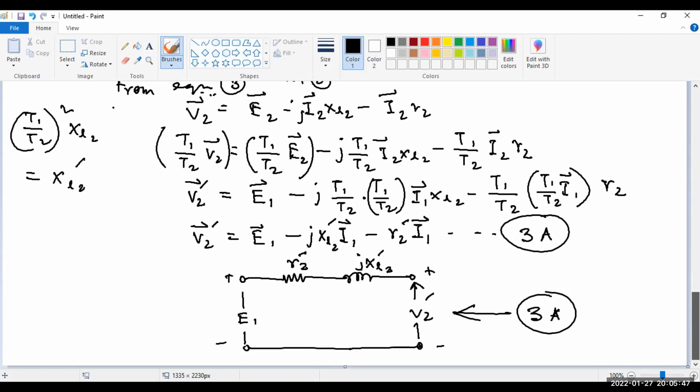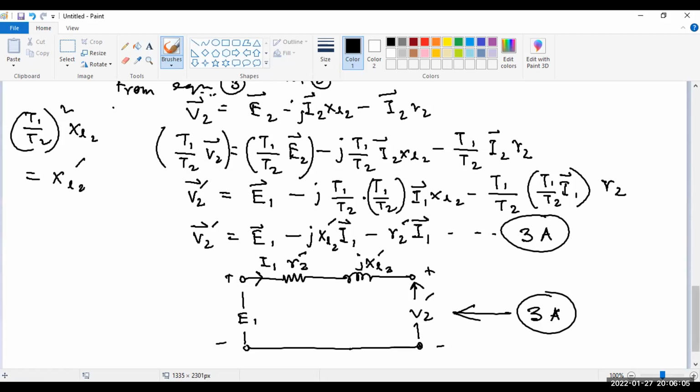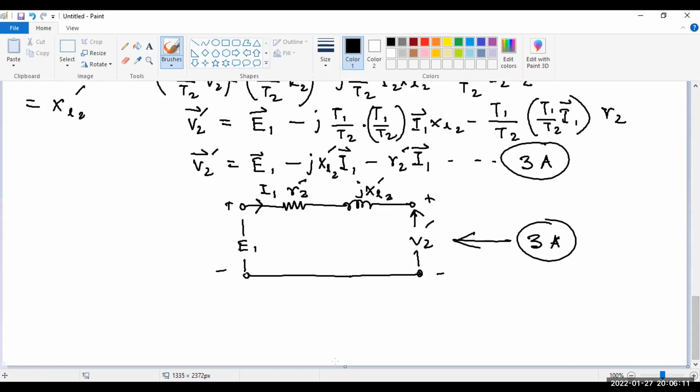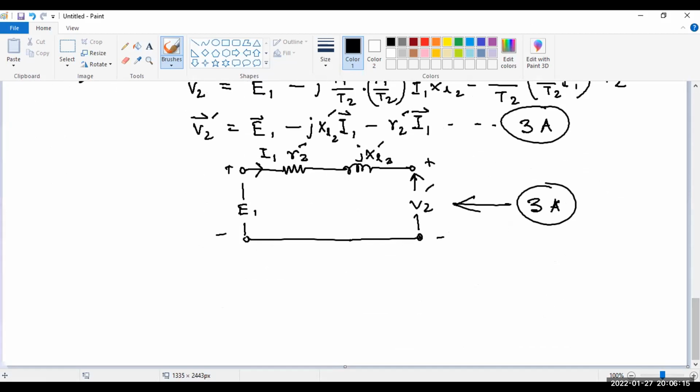So directly we can connect that. If I connect that directly, then we will have a single circuit, and that is called the exact equivalent circuit of a transformer.